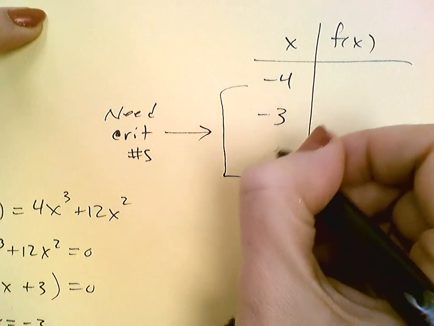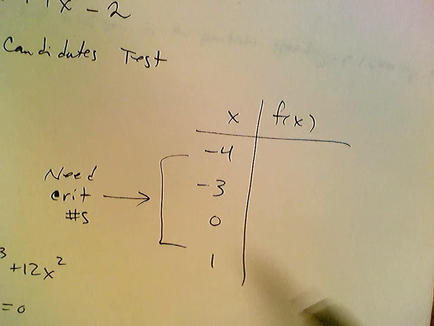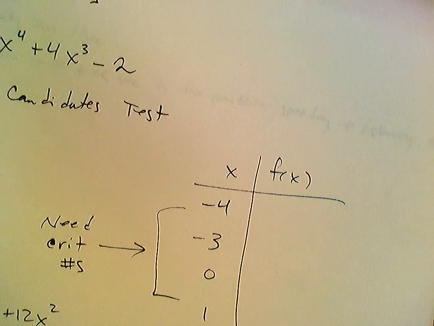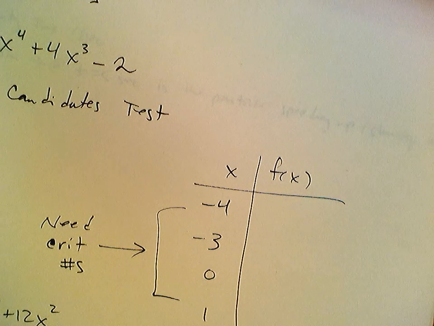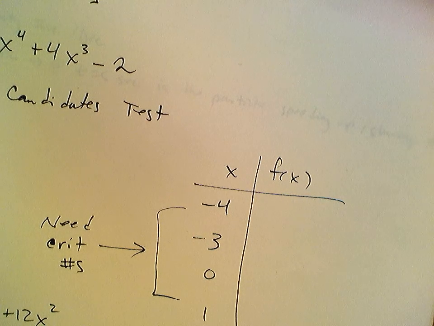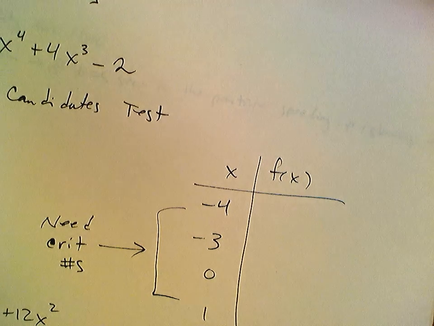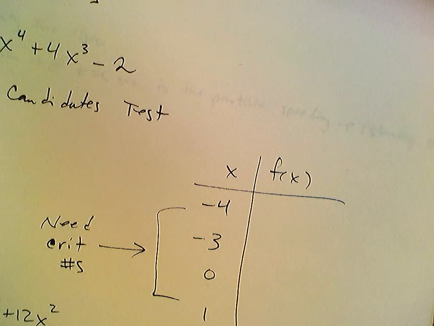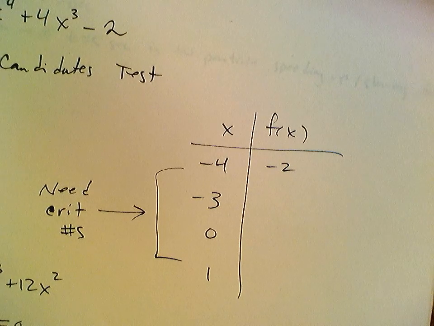So then you put them in here, and then you get the outputs for these values by plugging into the original function. Okay, so this is -2.